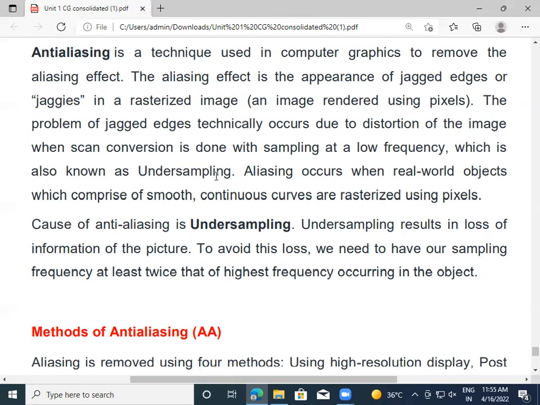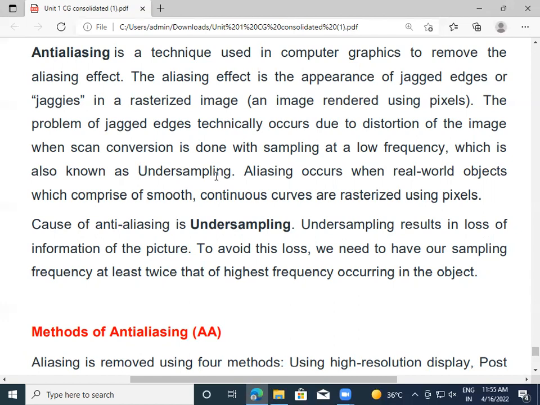It means that we are not considering a sufficient number of pixels. If we are not using a sufficient number of pixels, that is a low resolution display, then aliasing happens. Aliasing occurs when real world objects, which comprise smooth continuous curves, are rasterized using pixels.